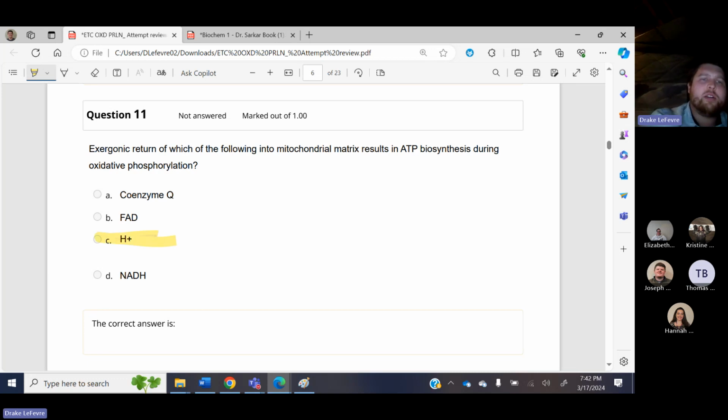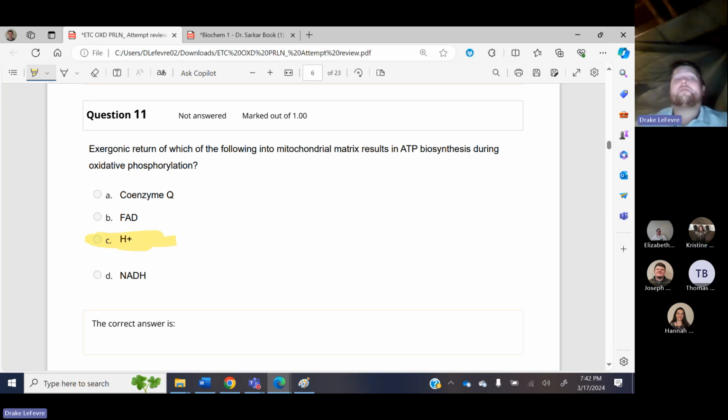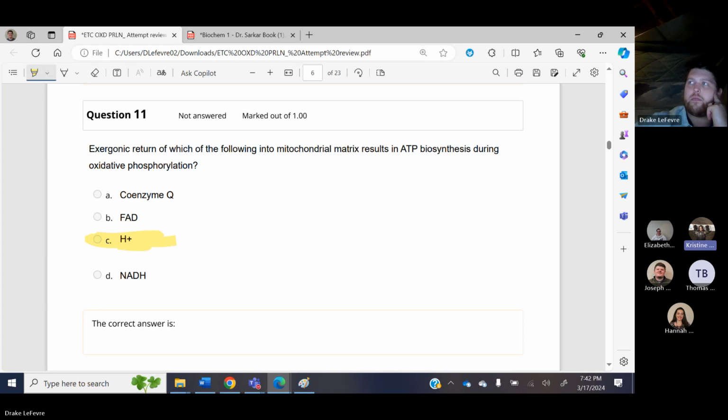I know there was a question in one of the GroupMes about how complex 5 is both exergonic and endergonic. Do we want to talk about that for a sec, or do people feel okay with that? I let Cheryl know that you brought this one up, so if you want to cover it, and then we can just go over it.